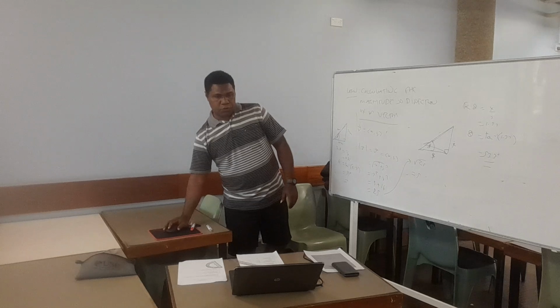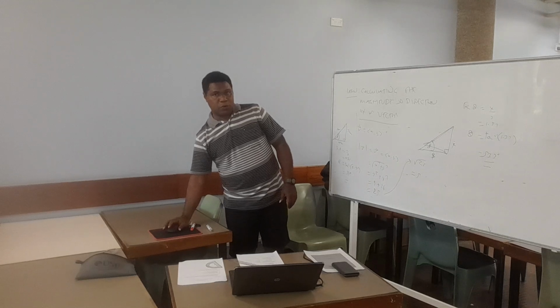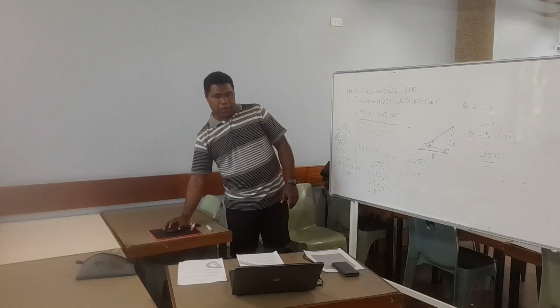Take note, students, this is how we calculate the magnitude and also the direction. You can see from the example and from this activity that to calculate the magnitude, the components are very important: the x component and y component.